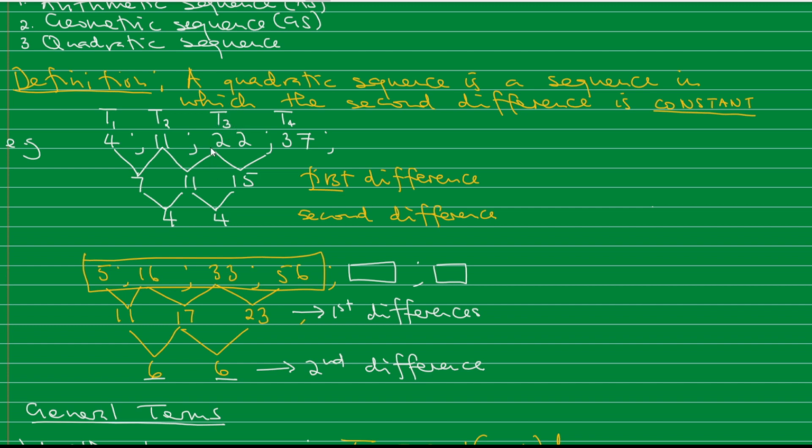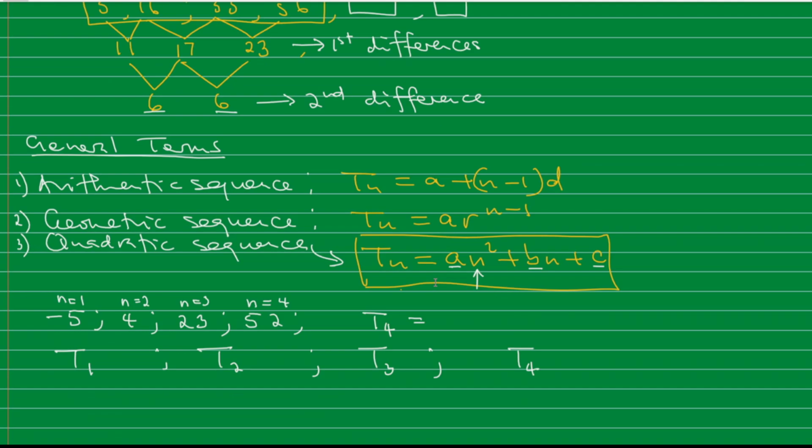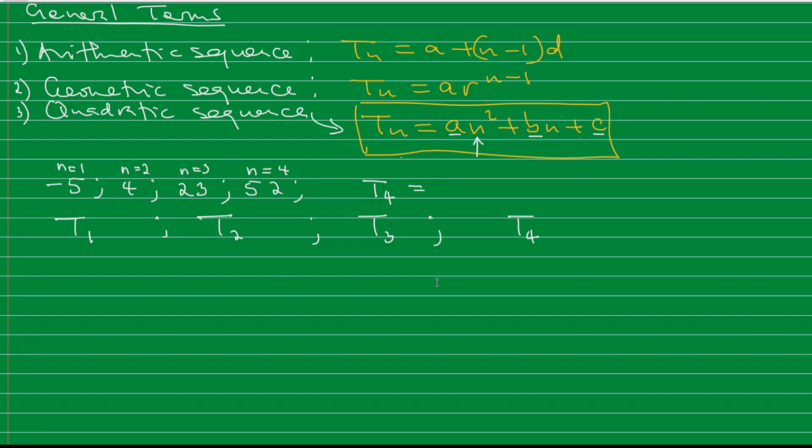If we list 3 terms, then as we subtract, I will end up with 1 term, which we won't be able to compare to see if it remains the same. So we are going to list the terms here: T1, T2, T3, T4.